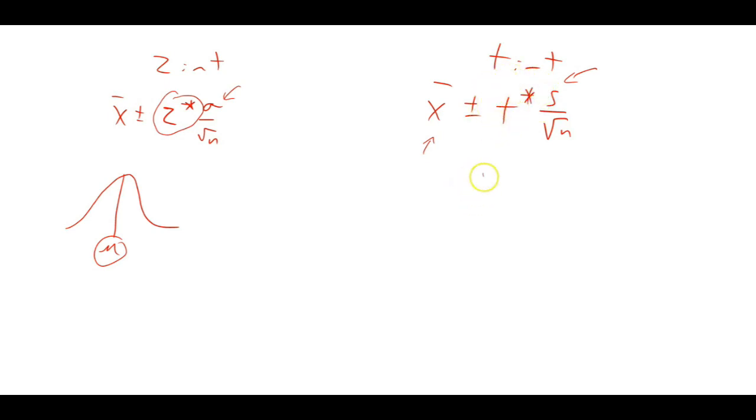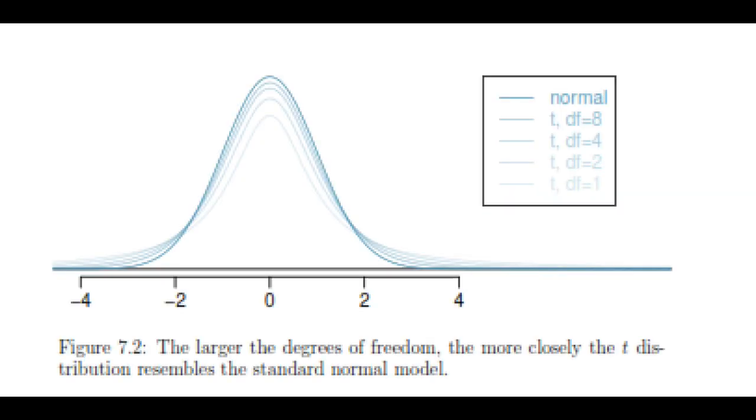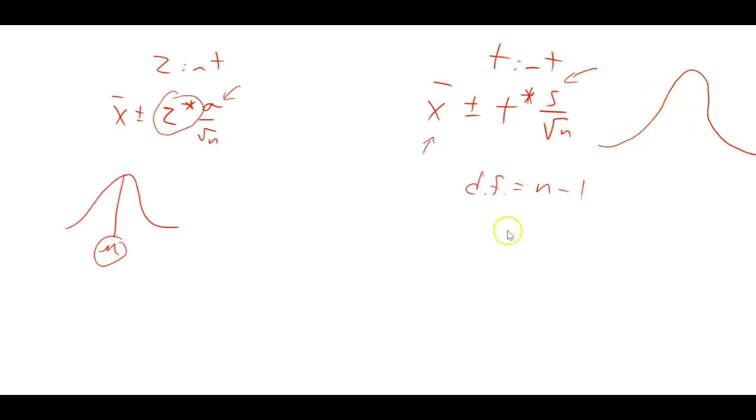It's got one other twist called degrees of freedom. There's kind of a lot to the story behind degrees of freedom, but here's the basics that we need. This T curve, again, is very similar, but it'll have a little bit steeper peak. It changes based on your sample size. Every one of these curves, if you sample 50 people, is a little different.